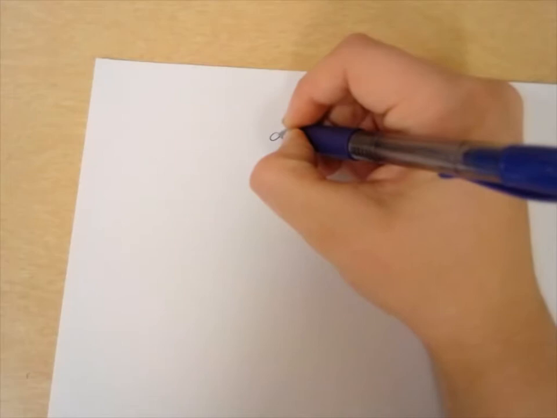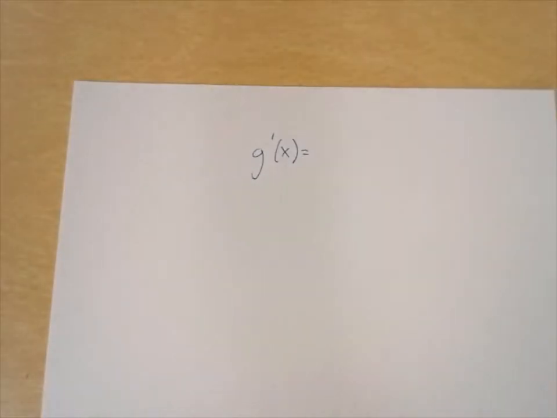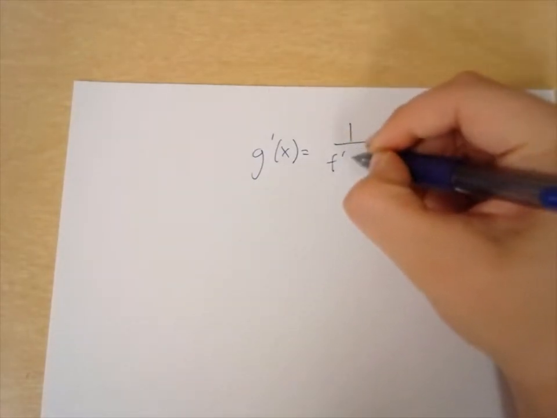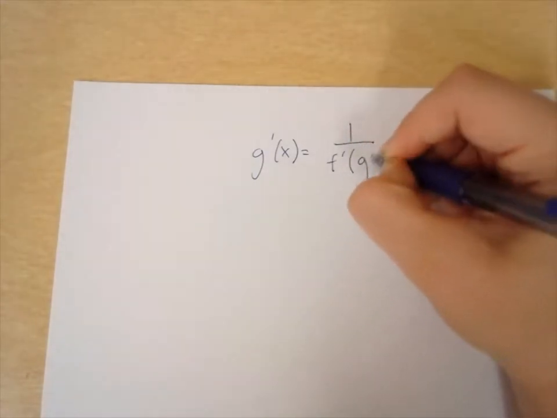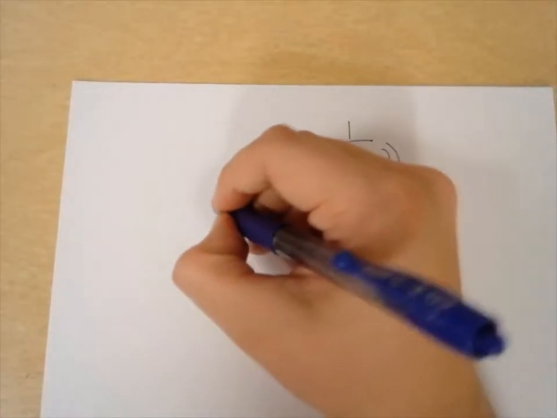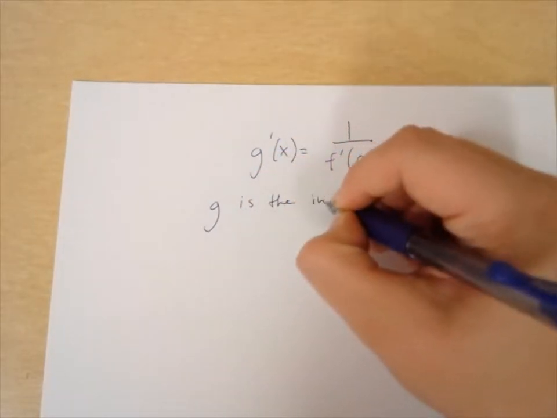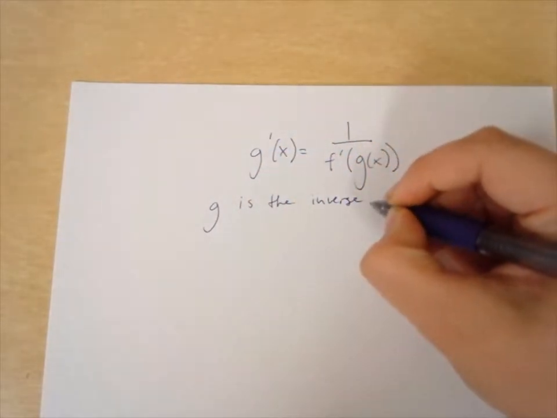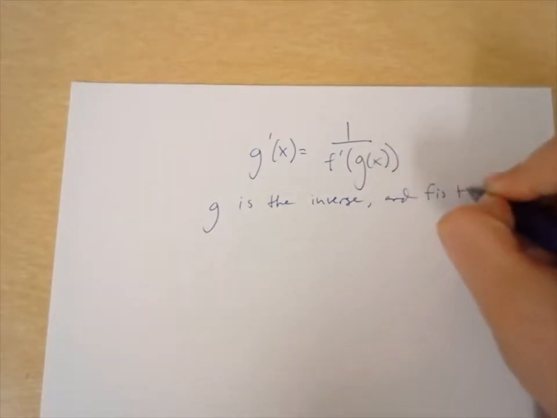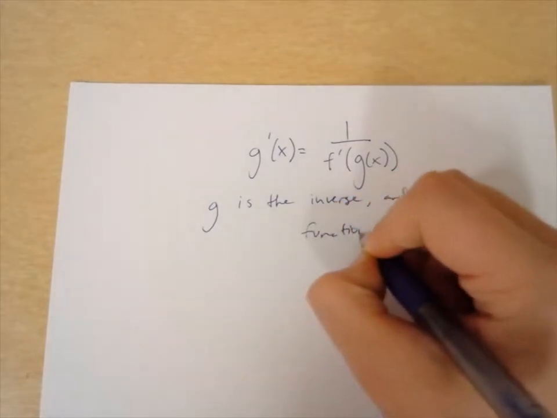It says that g prime of x equals 1 over f prime of g of x, where g is the inverse function and f is the function. It's the function you start with.